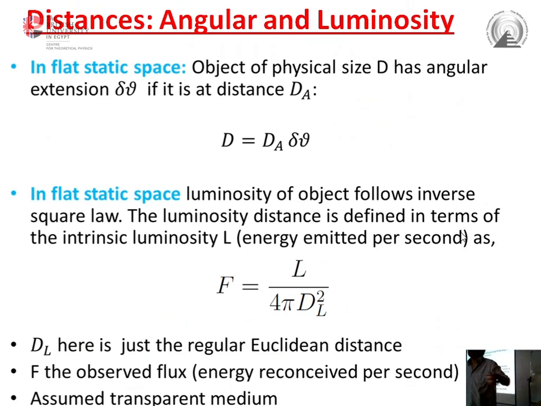So that's as simple as that. If I know that somebody put a light bulb of 100 watts, and I measure it and see only 1 watt coming, therefore I say that I am 10 meters away.